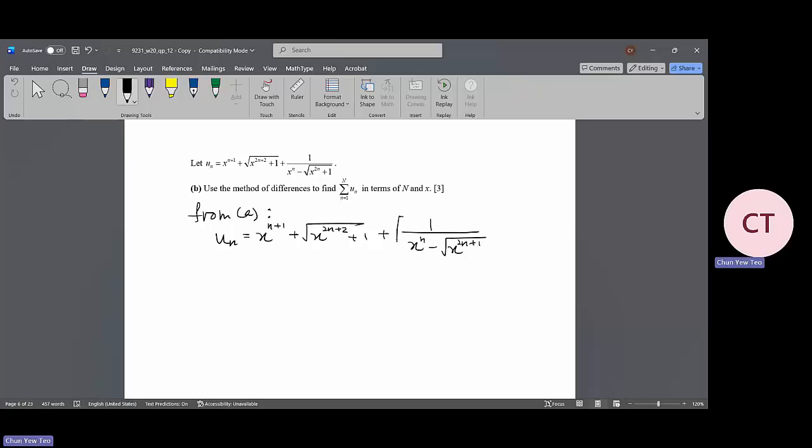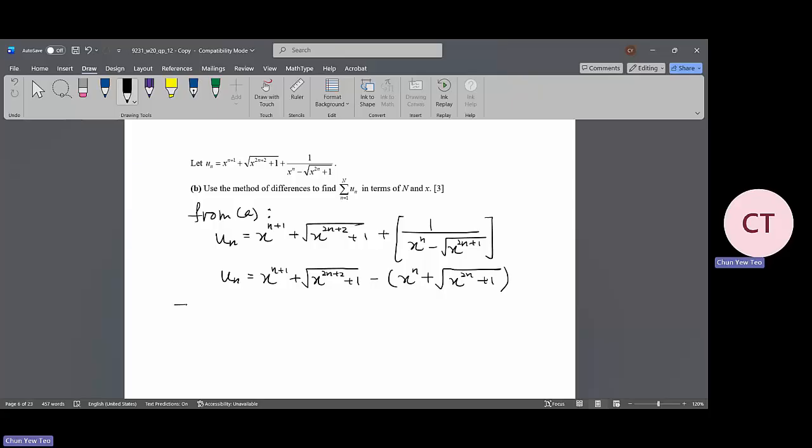Okay, so from part A, we actually can change them to become minus the x^n plus the square root of x^(2n) plus 1. Okay, so this is from part A.